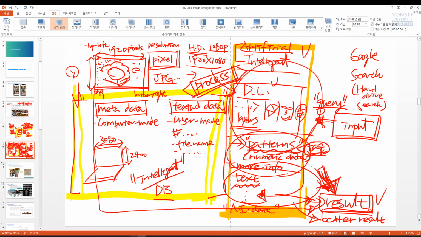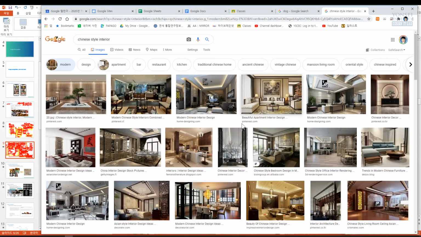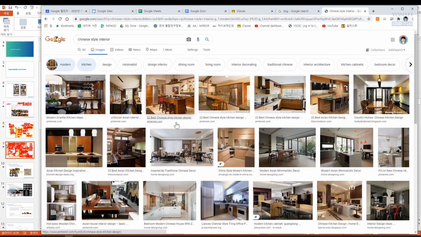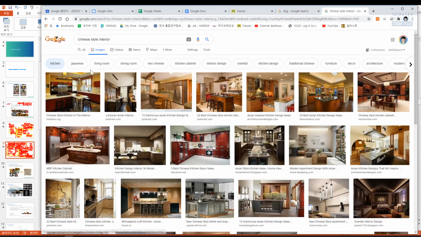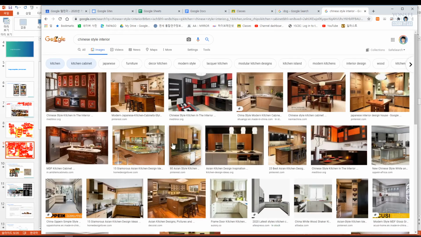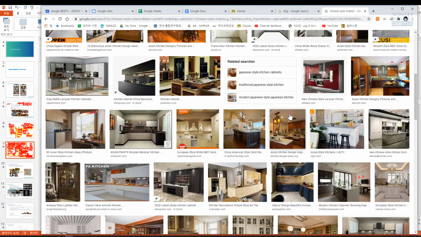So, as I quickly show you in this example, I searched Chinese style interior, and this one displays a lot. And how about this one? What if I click Chinese style modern kitchen? Or if I turn off modern and click kitchen cabinet, among Chinese style interior, kitchen and kitchen cabinets are going to be displayed, something like this.